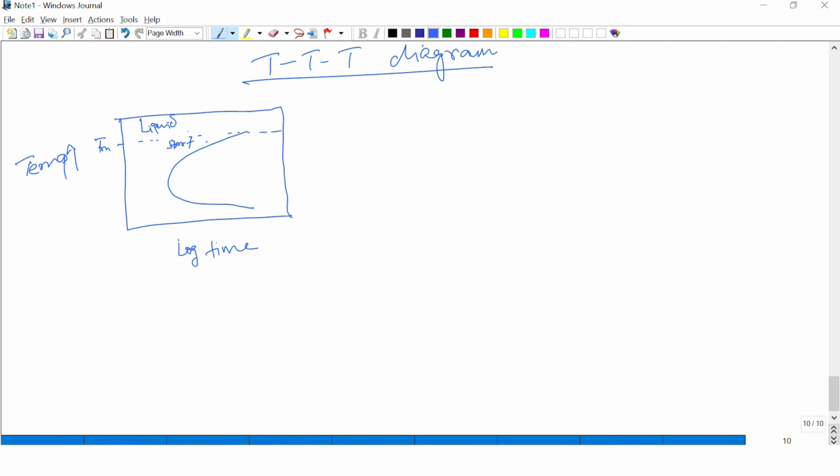Similarly, there will be a curve for the completion of the process, completion of the transformation. So, this is the finish curve. Okay.